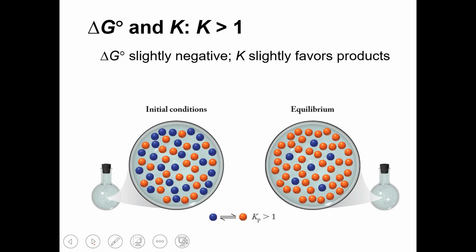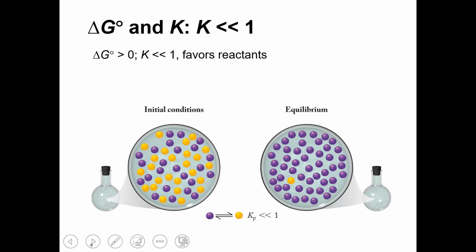If delta G is only slightly negative, K is still going to be greater than 1, so we slightly favor the products, but not as heavily. We don't have as large of a K, so we're still going to favor the product side, but we're still going to have a noticeable concentration of reactants when we're at equilibrium. And if delta G is greater than 0 and K is much less than 1, then our reaction favors reactants. So we would still be mostly at reactants with just a small amount of products.